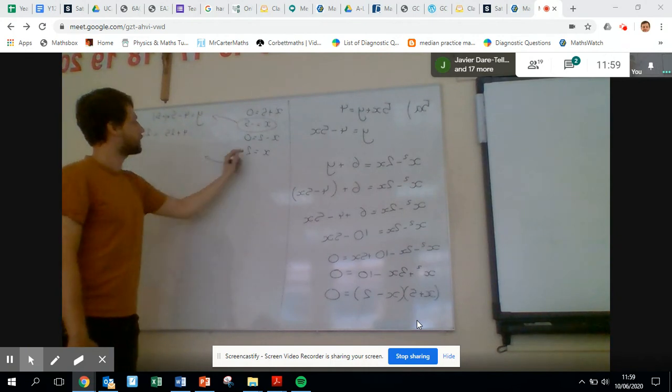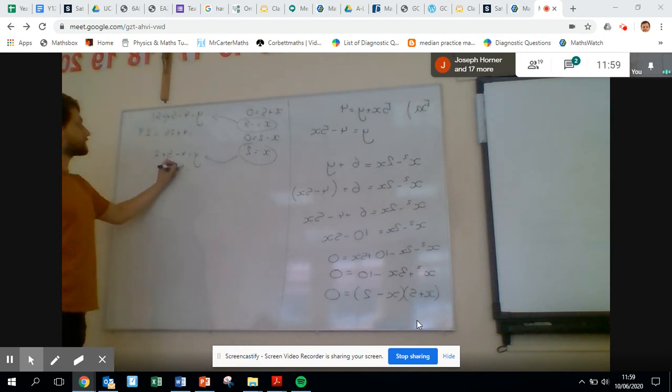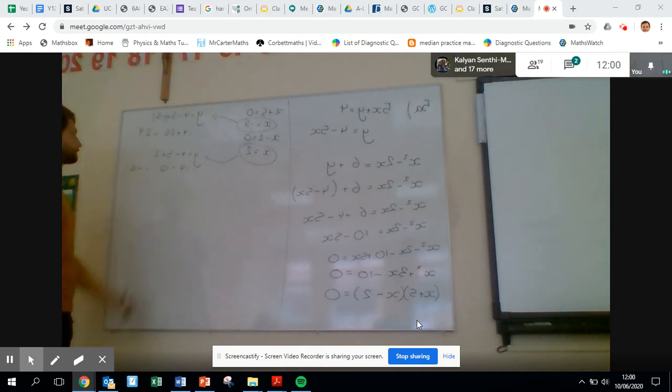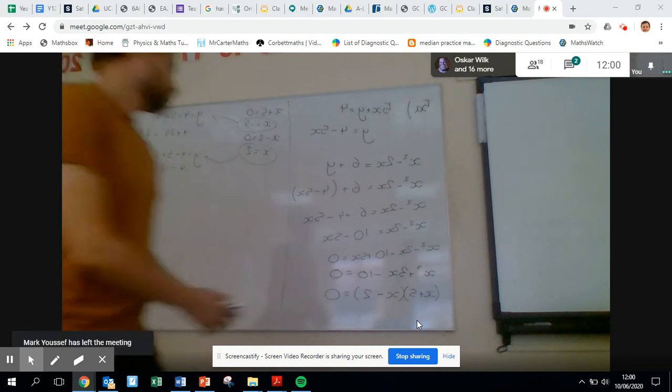And my other solution for x, y equals 4 minus 5 times positive 2, which is 4 minus 10, which equals minus 6. Yes. And this part down here?